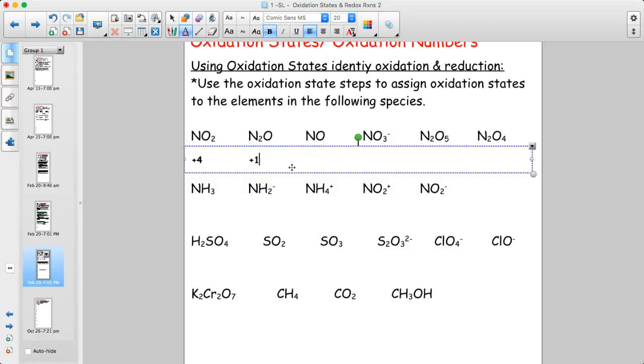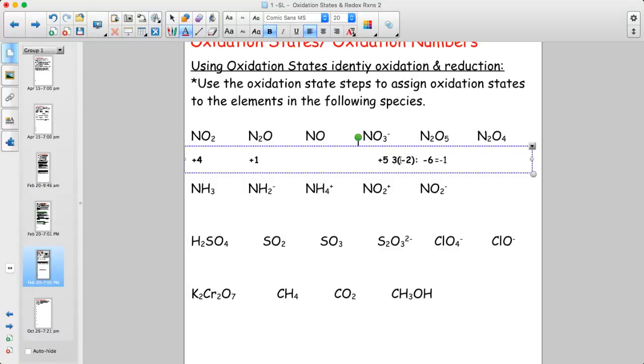I'm going to do one now that's a polyatomic ion. If we look over here at nitrate, in this case, the key thing to remember is that they have to add up to minus 1 because the charge on the nitrate ion is minus 1. Okay, so I've got 3 oxygens. I know that each oxygen is minus 2, and that means that adds up to minus 6. So if I'm going to add up to minus 1, that means the nitrogen must give me plus 5.